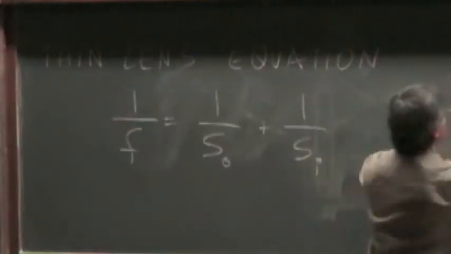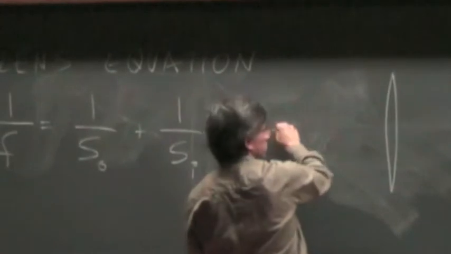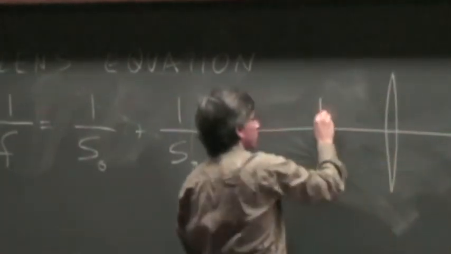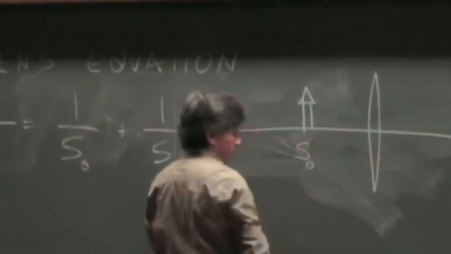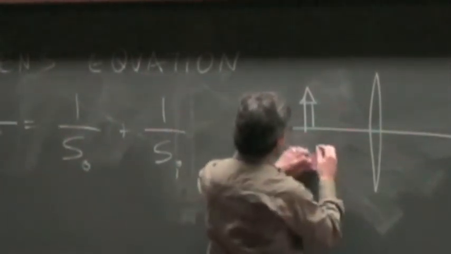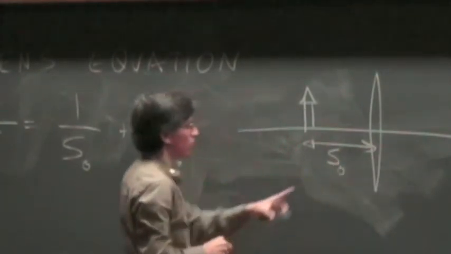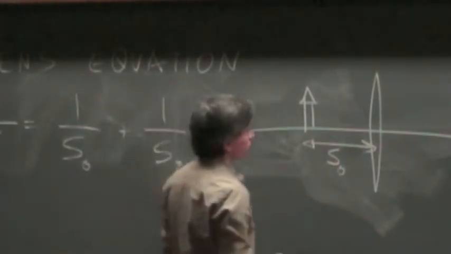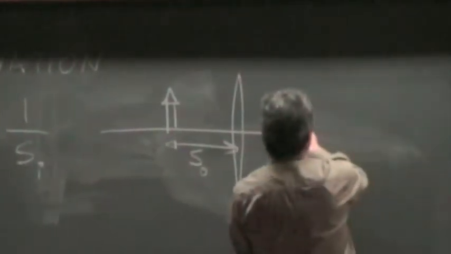If you call, let's do one, for example, let's use a converging lens. If you place your object at a distance, I'm going to call it SO for object, then the image of the object is going to be at some place.